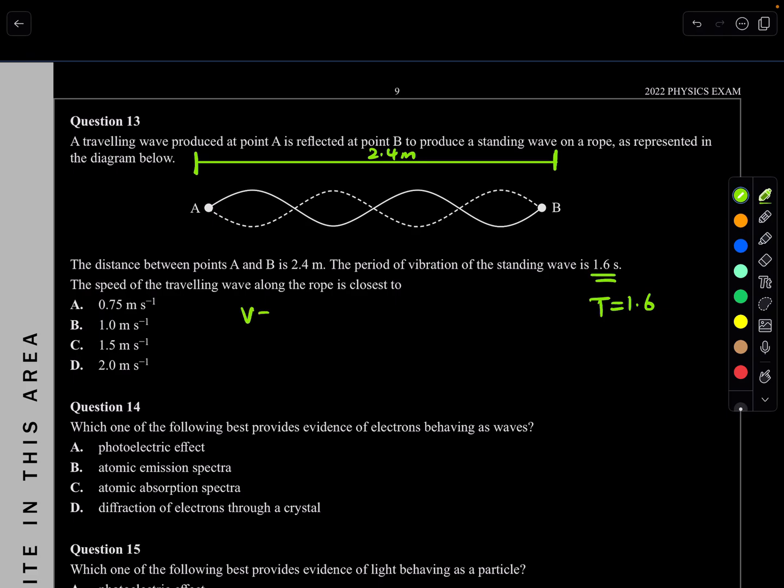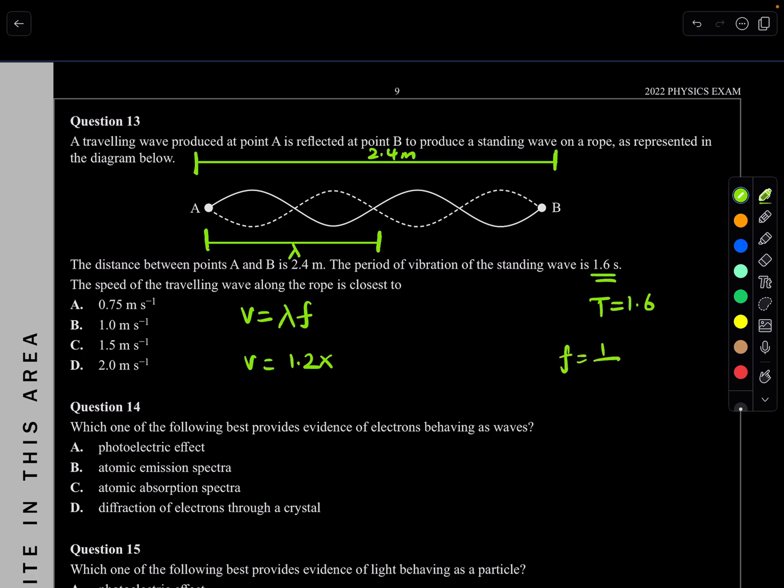If we want the speed, it's just the wavelength times the frequency. What's our wavelength? The wavelength is just this over here. We can consider this as one wavelength, like a cycle. It's pretty much half of 2.4, which is 1.2. So velocity is 1.2 times the frequency.